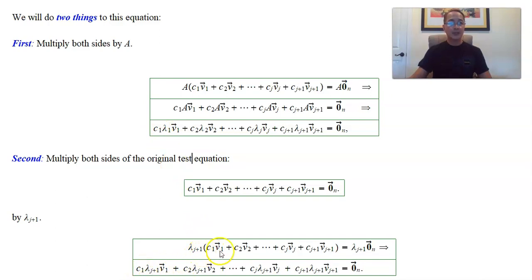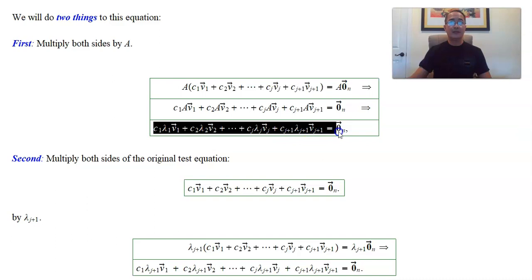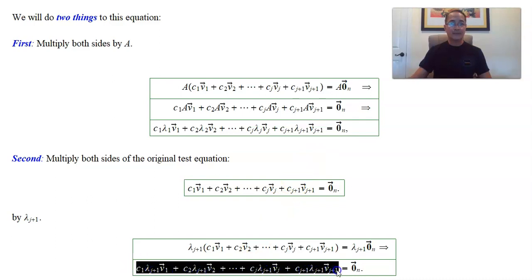So lambda j+1 c2 v2, we write as c2 lambda j+1 v2, and so on until we get to the term that we wanted. Of course, if you multiply the zero vector by any scalar, you still have the zero vector. So what we're going to do next is subtract this last equation from this second equation.